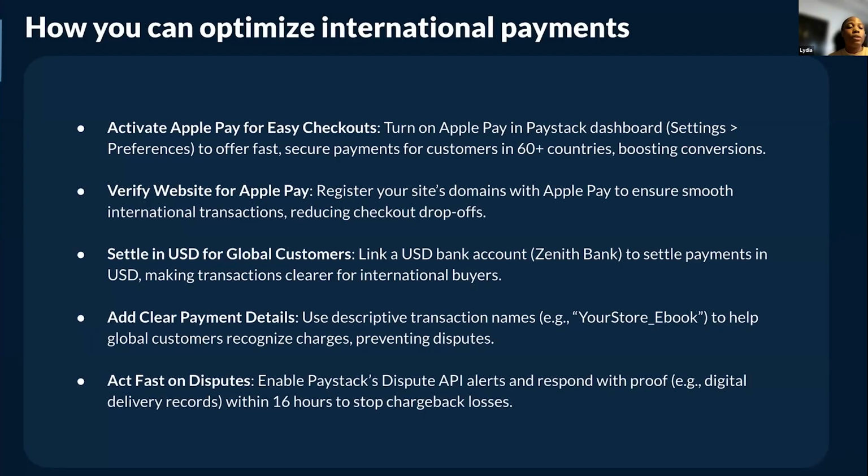In the event of a dispute, we recommend that you enable the Paystack Dispute API alerts and you respond with proof, digital delivery records, within 16 hours that shows that you have actually delivered on your end. And that way we can stop any chargeback losses for you.